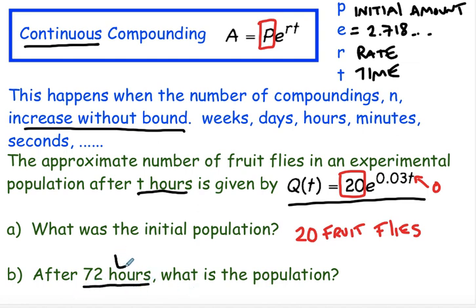After 72 hours, what is the population? So 72 hours is our time. So we would just do 20 times e to the 0.03 times 72. I don't need those parentheses really, so I'm going to erase those. If you type that in your calculator, make sure that you know where your E button is.